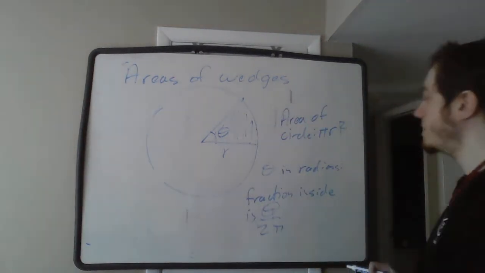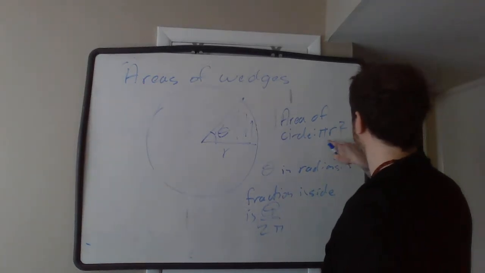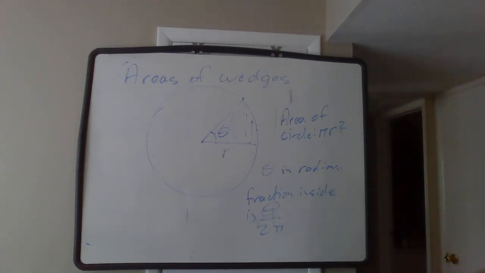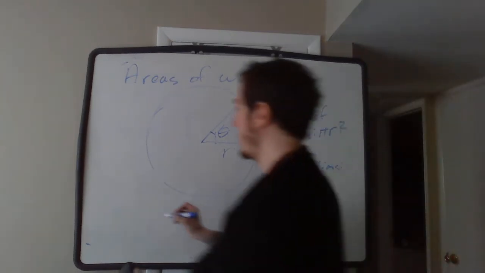And so this is going to give us this nice fraction of theta over 2 pi times pi r squared. Let's write that down.